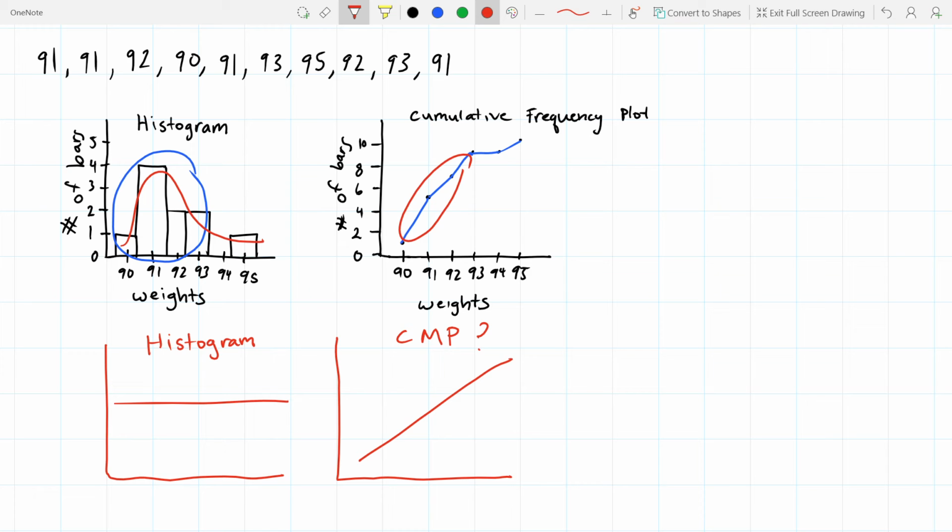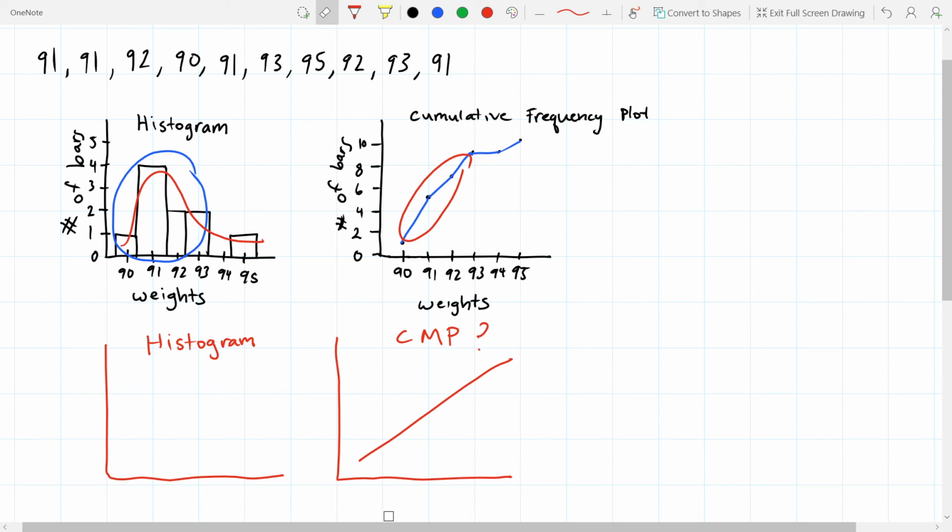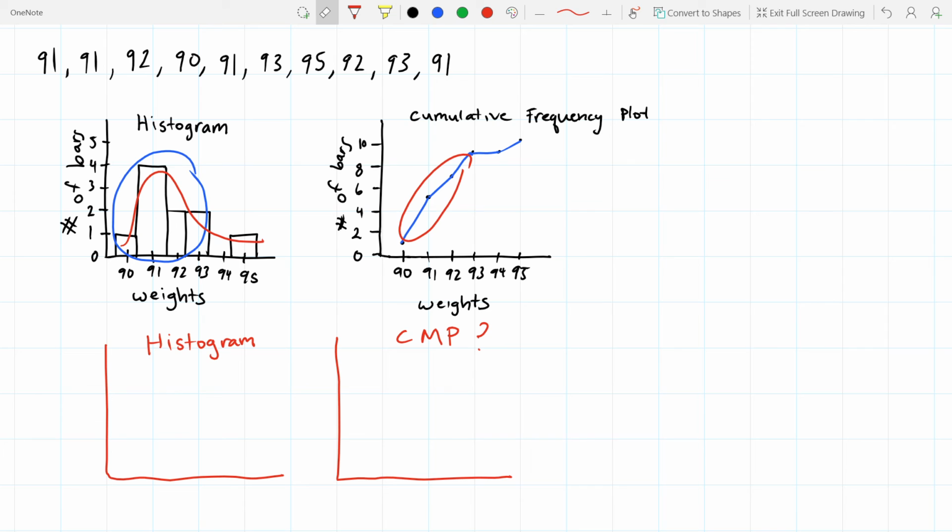Okay, well, what if our histogram, instead of being flat or right skewed, was left skewed? Well, then our cumulative frequency plot, not much would be going on in the right, and it would increase as we got to the left part, but it would eventually flatten out.